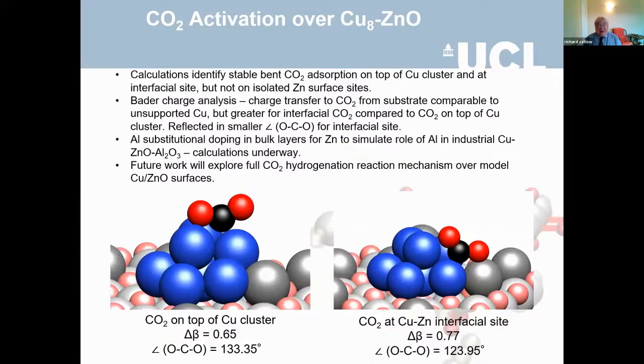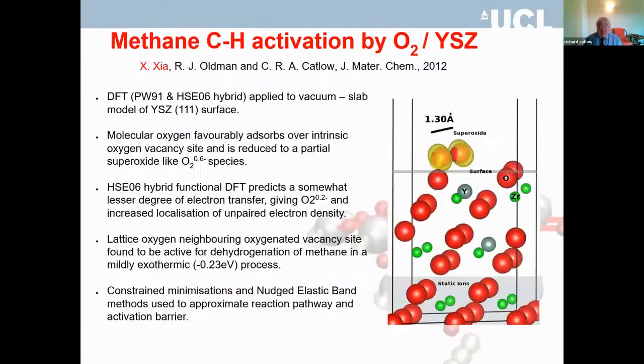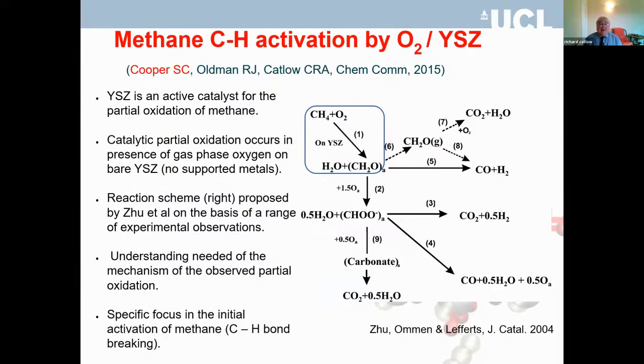And we're now actively looking at how these copper nanoparticles on the surface of zinc oxide activate CO2. We think that the key processes take place at the interfacial sites between the nanoparticle and the zinc oxide, on the bottom right-hand side.